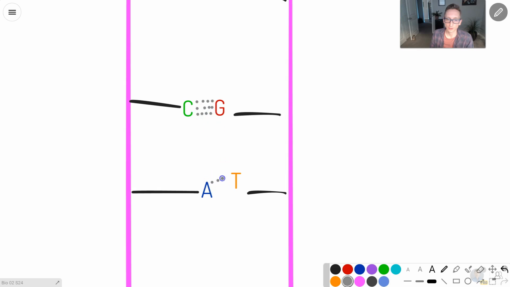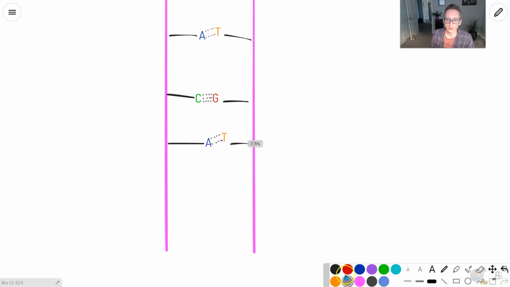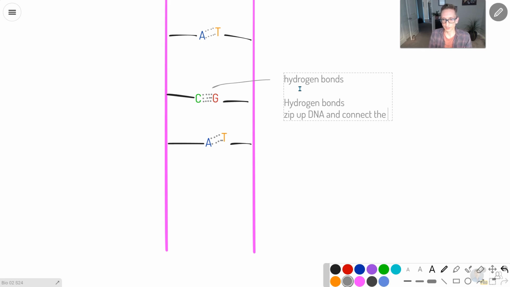And A and T have 2. Pretty nifty. So these are hydrogen bonds. Hydrogen bonds zip up DNA and connect the 2 separate.